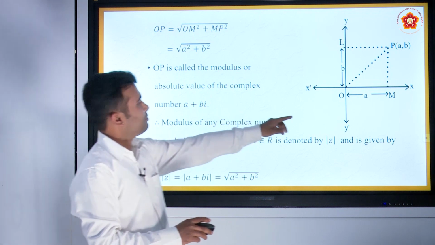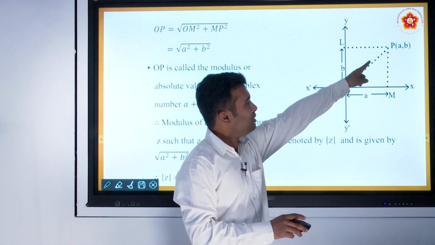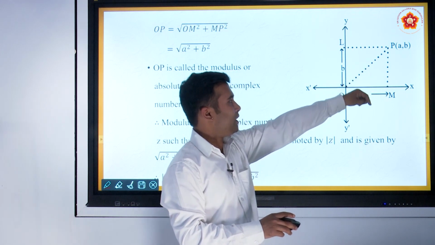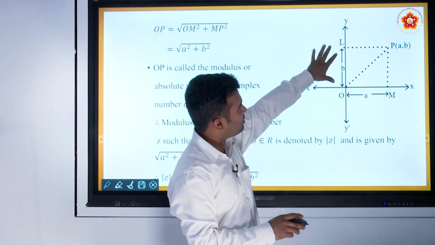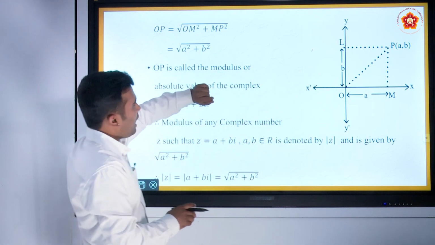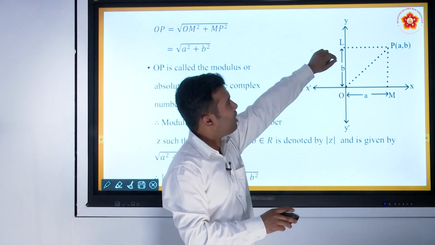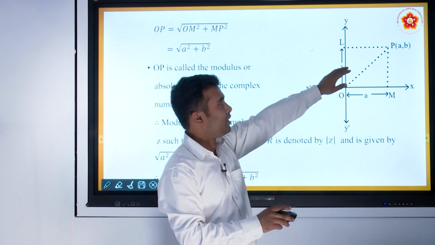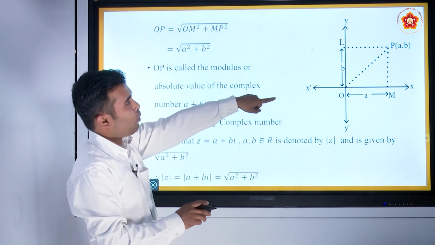Here we have represented a complex number in the plane with coordinates (a, b), and this distance is nothing but a, and this distance is nothing but b. Now we have to find its absolute value, or the modulus of the complex number, and that gives OP.